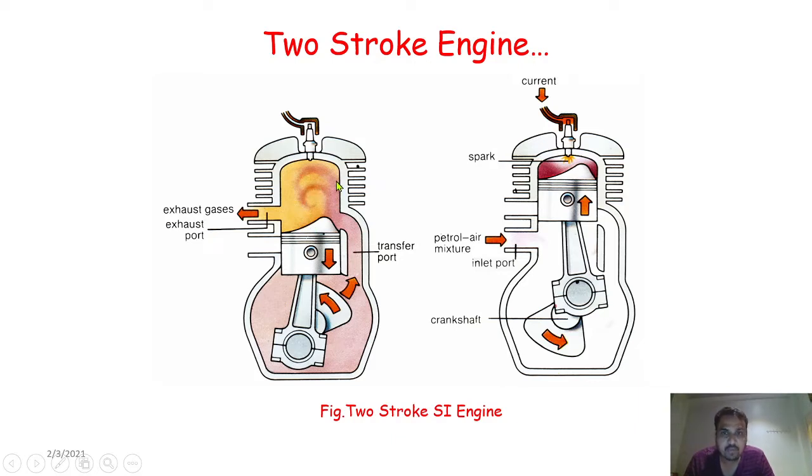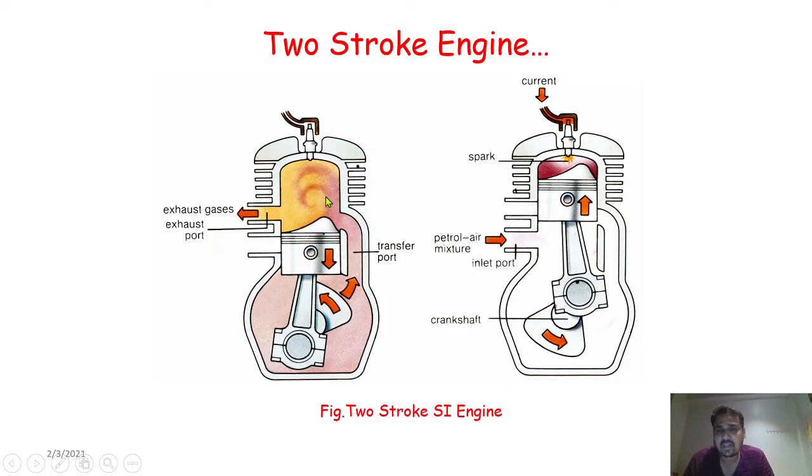Again, with the help of different videos and animations, we are going to understand the things we have learned up to this point: the four-stroke engine, two-stroke engine, engine components, and engine working.